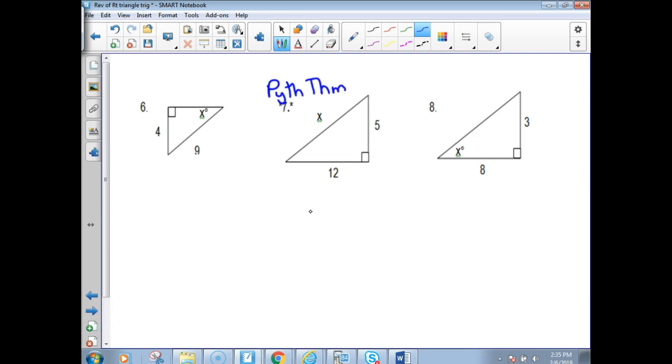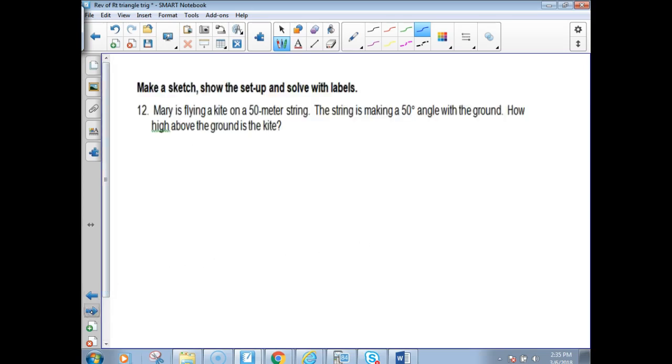It's just Pythagorean theorem. He's just making it hard for himself, making all that extra work. All right, Pythagorean theorem for that one, guys. If you see a word problem you'd like me to do, I'd be happy to do one if you would like.